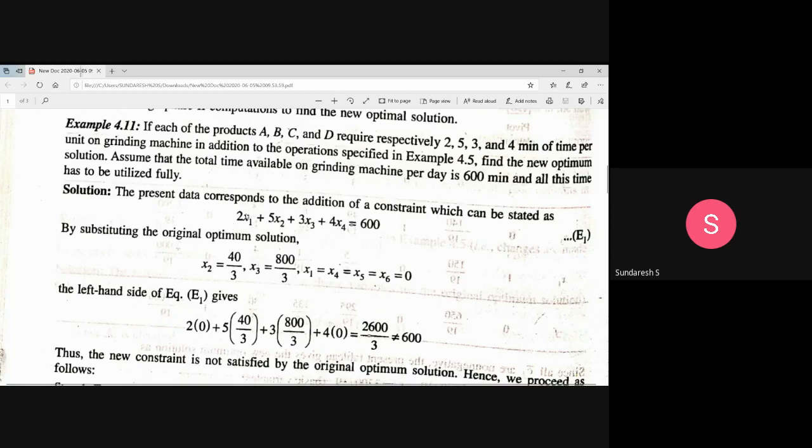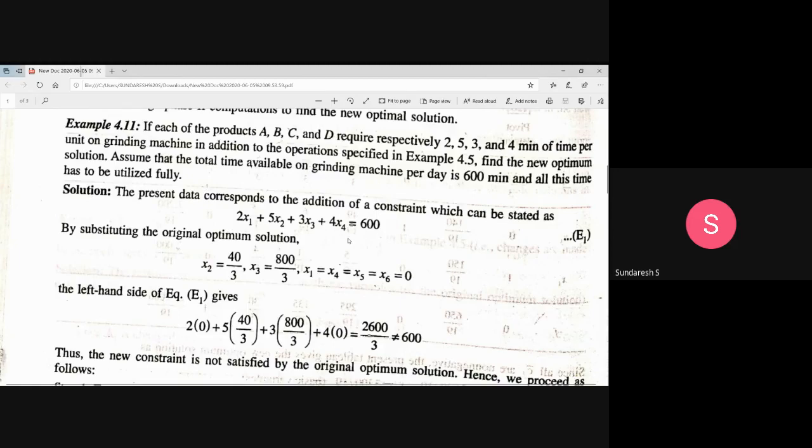Here x1 is the number of product A manufactured per day, x2 similarly, and x3 and x4 are the numbers of products C and D manufactured per day. So if they are multiplied by their corresponding time per unit, and we add all four products, that will be equated to the total time available on the grinding machine per day. So this is what we have written over here: 2x1 plus 5x2 plus 3x3 plus 4x4 is equal to 600.